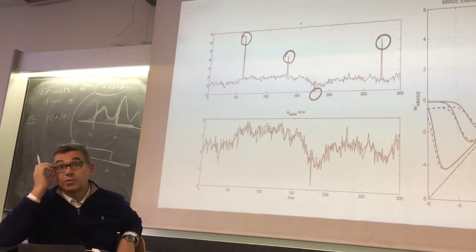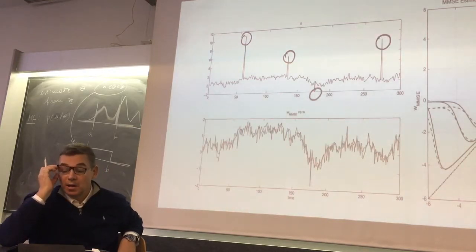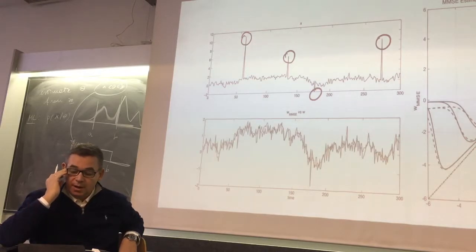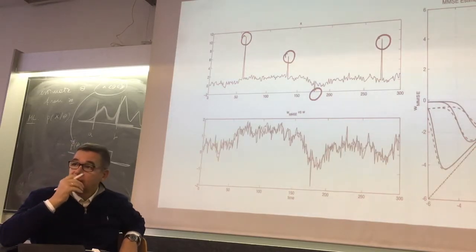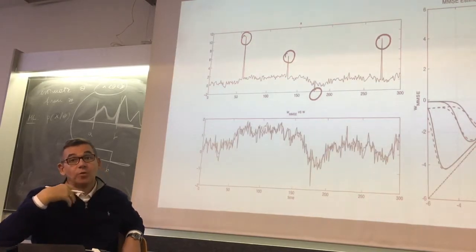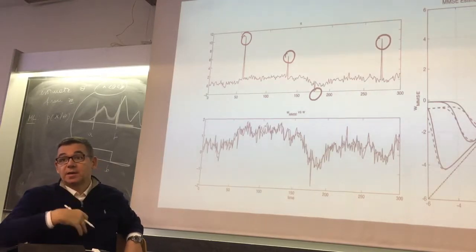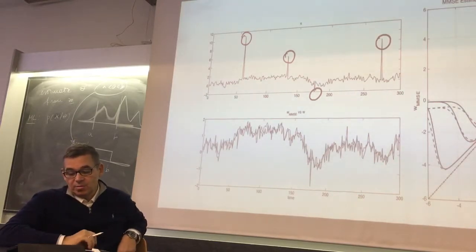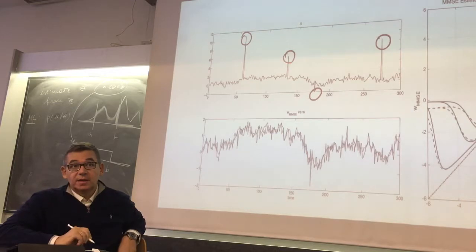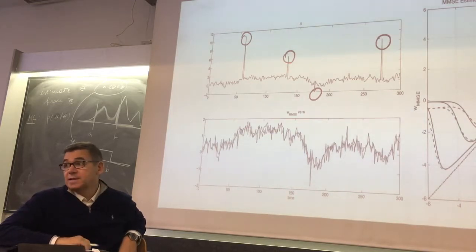And my goal is to remove these spikes. So how to remove the spike? In order to remove the spike, I need to model the random variables representing the spike. So I say that my data is Gaussian plus a non-Gaussian, and the non-Gaussian are the spikes.